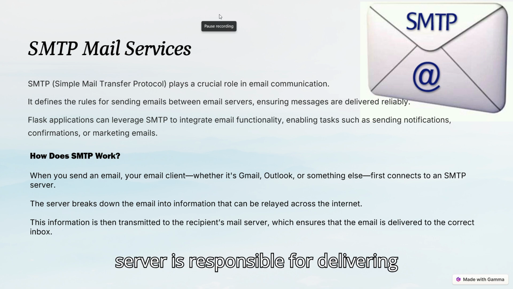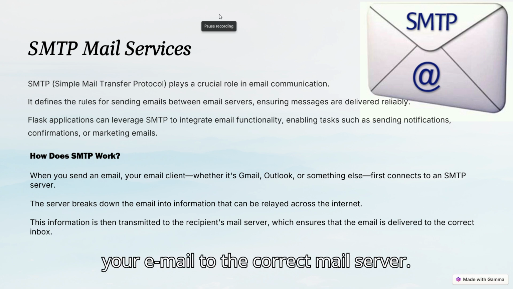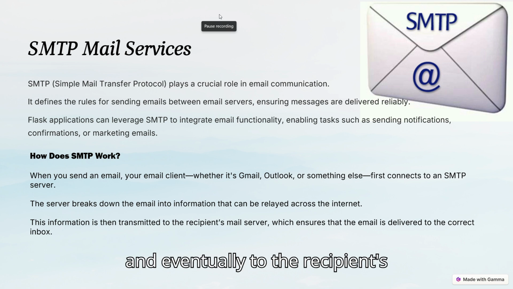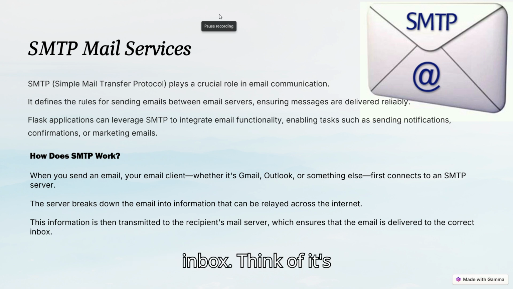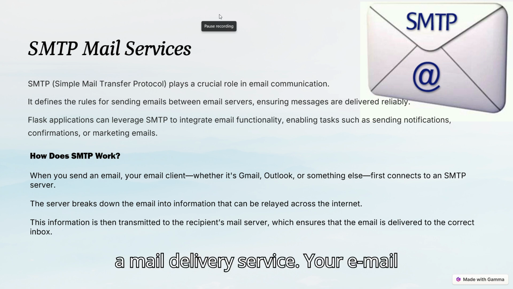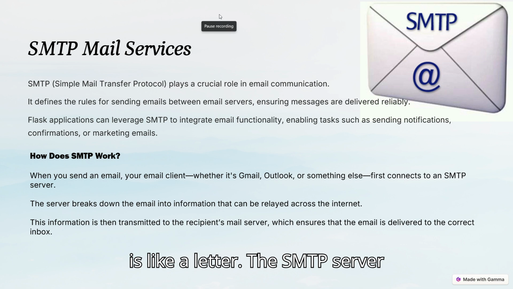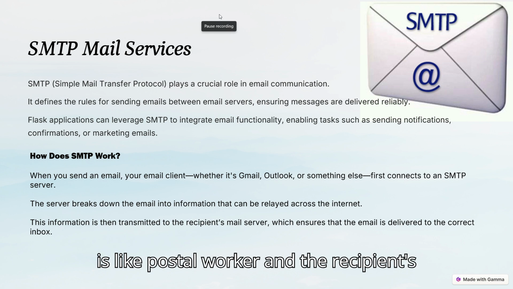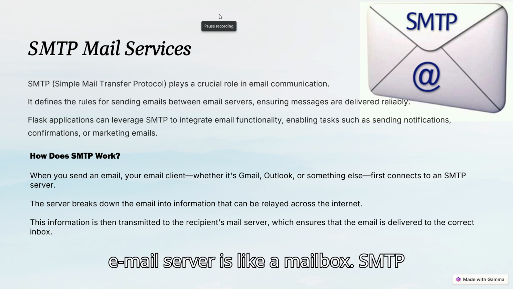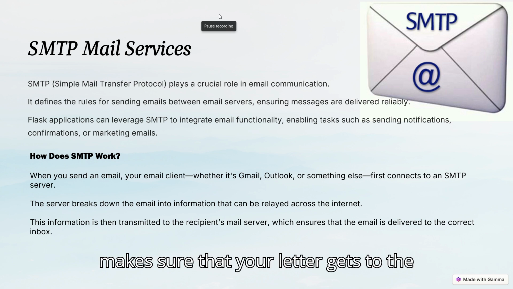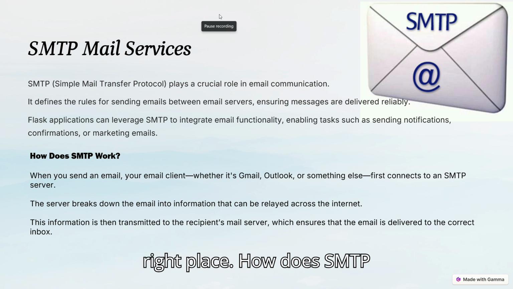This server is responsible for delivering your email to the correct mail server and eventually to the recipient's inbox. Think of it as a mail delivery service. Your email is like a letter. The SMTP server is like a postal worker, and the recipient's email server is like a mailbox. SMTP makes sure that your letter gets to the right place.